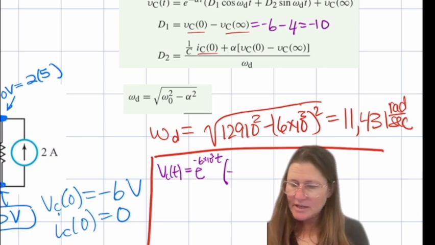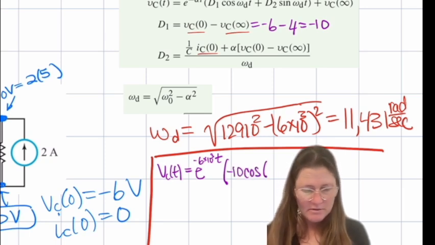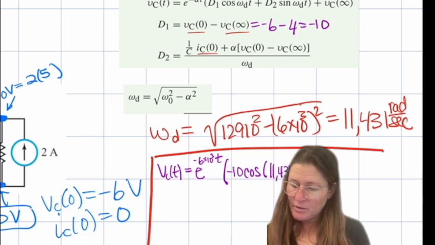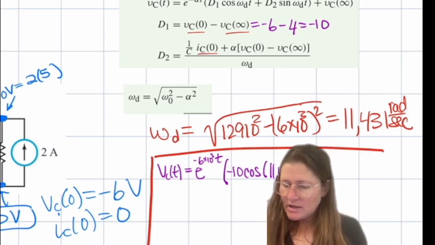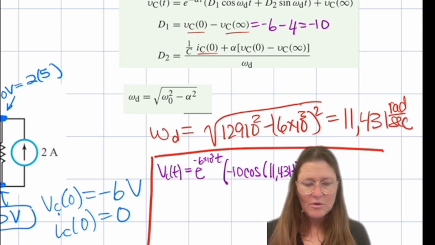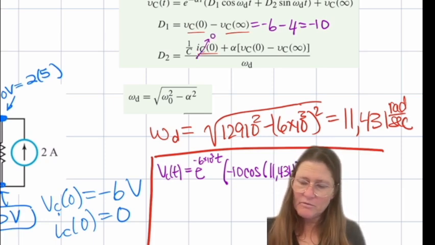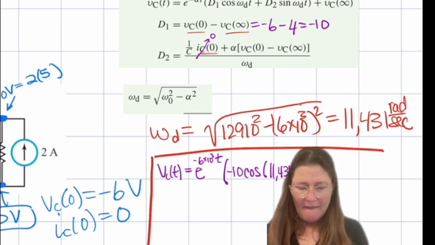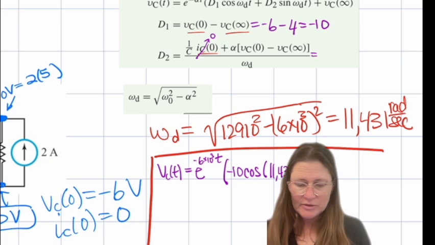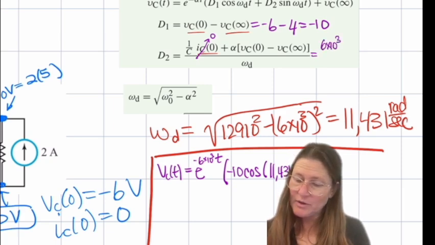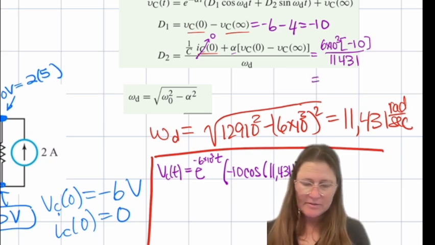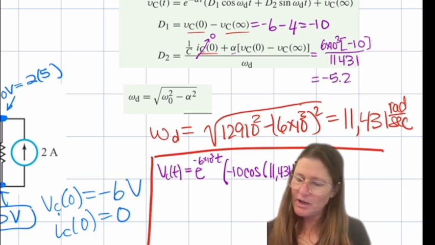So we get minus 10 cosine of 11,431 t. And then D2, this was 0. And so this value goes 6 times 10 to the third for alpha, and then a minus 10 over 11,431. So this gives us a value of minus 5.25.